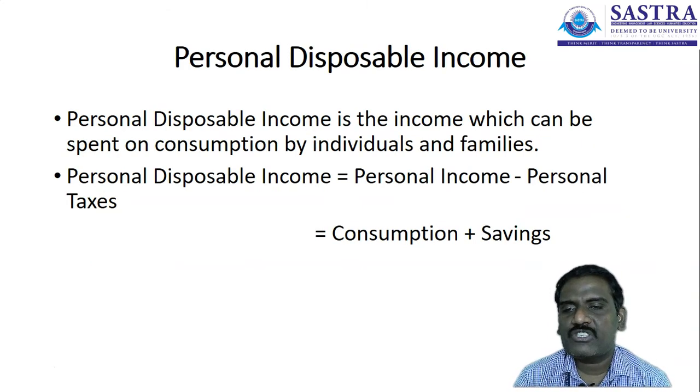The personal disposable income is the income which can be spent on consumption by individuals, families and households. The total value of the income which can be spent for the purpose of consumption is what we call personal disposable income. It is calculated as personal income minus personal taxes.